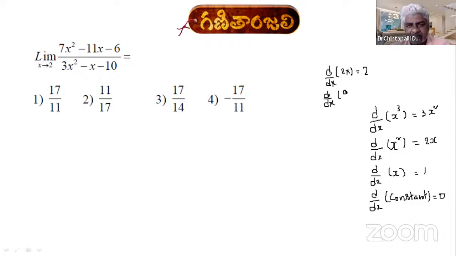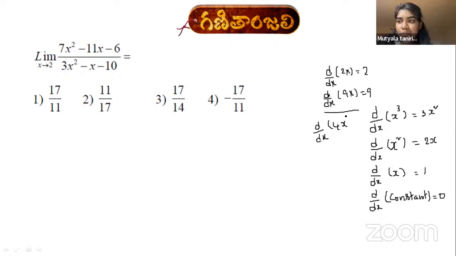Derivative of 9x, 9, sir. And derivative of x cube is 3x square, you know. What is the derivative of 4x cube? 4 into 3x square. That's 12x square. Yes, 12x square.